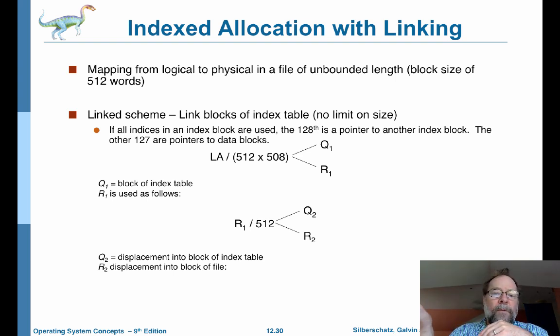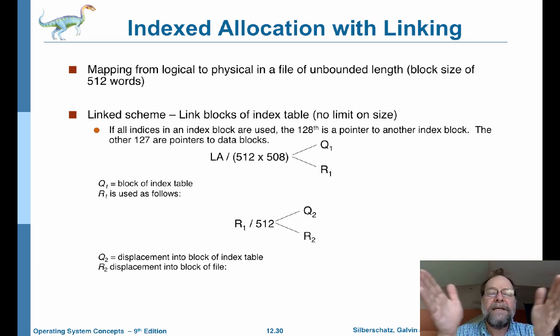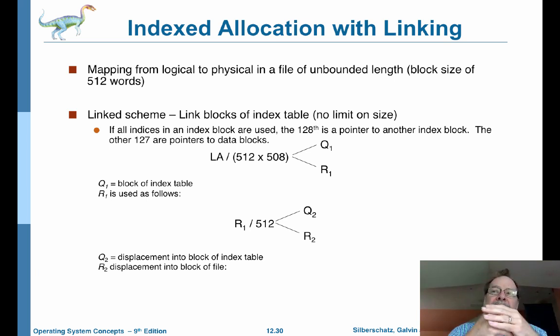So what we'll do, sort of the simplest thing we could do, is you could have a linked list of your index blocks. So if we had 128 pointers in each index block, and the block was completely full, then we would say, okay, the last pointer is going to be a reference to another index block.